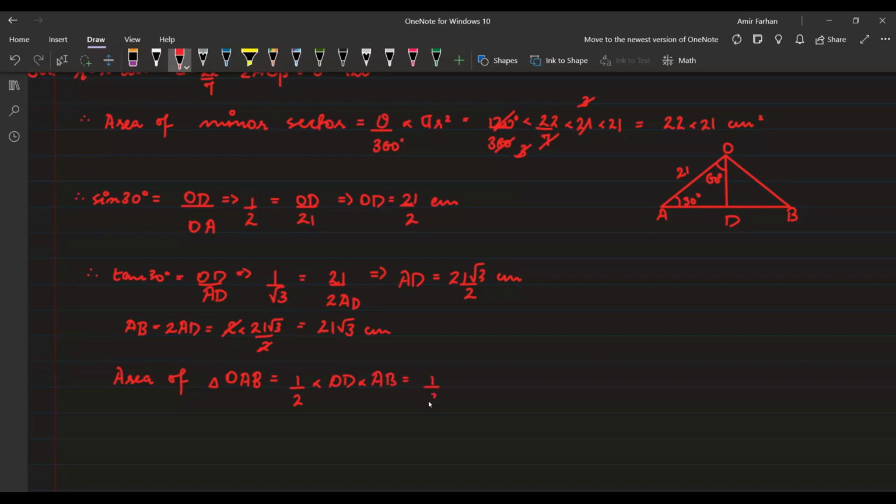See, half into OD is basically your 21 by 2, and AB is 21 root 3. Okay, so this will get cancelled. So again, the value of area is coming out to be 21 root 3 by 2 centimeter square. Yes or no? Yes, sir.